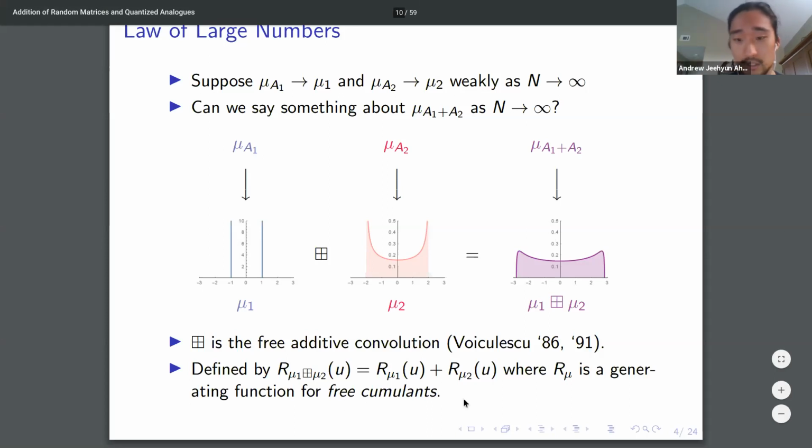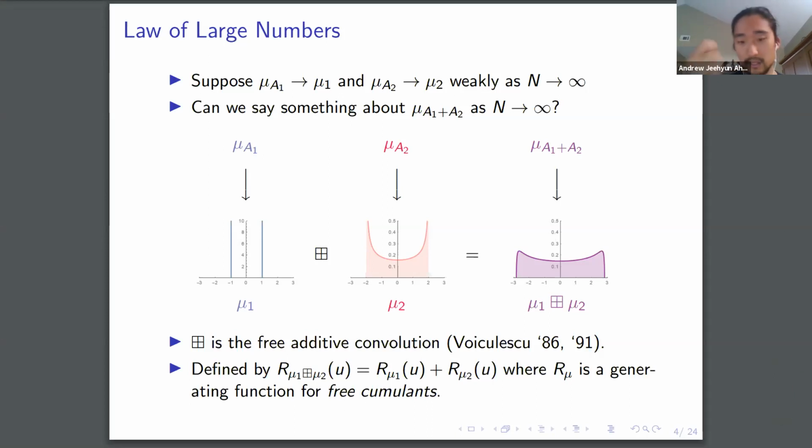So associated to some measure mu, you can look at its free cumulants, and then there's a generating function R mu called the R function of mu. If you take the sum of the R functions for mu1 and mu2, this will be the R function for some measure, and this measure is the free convolution of mu1 and mu2.